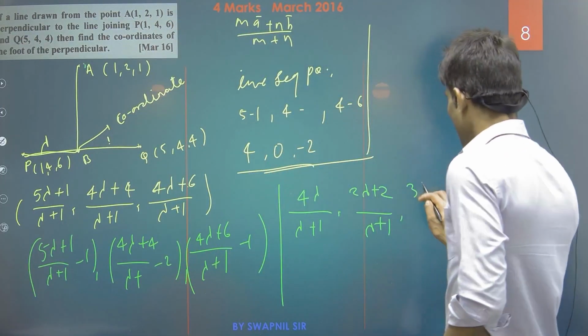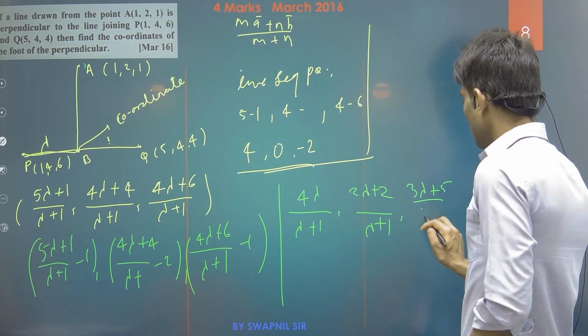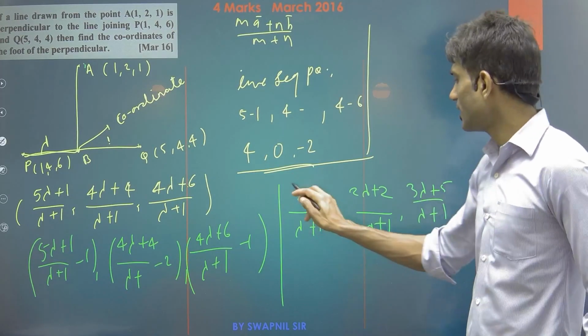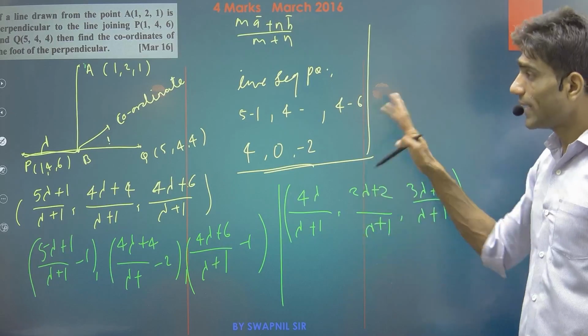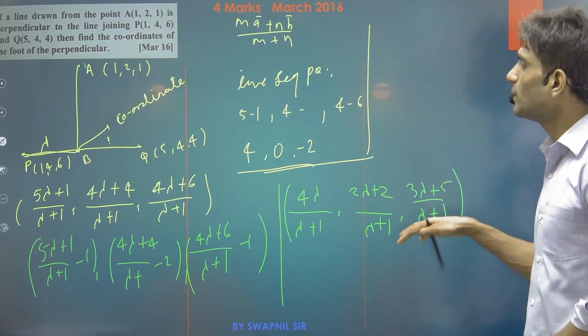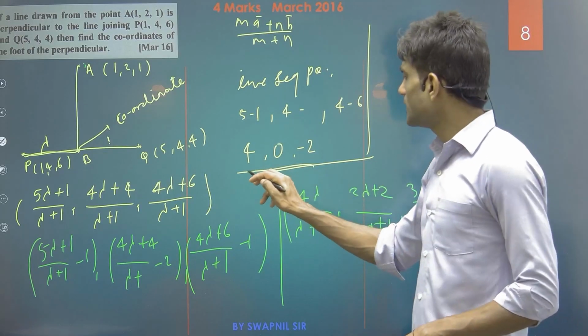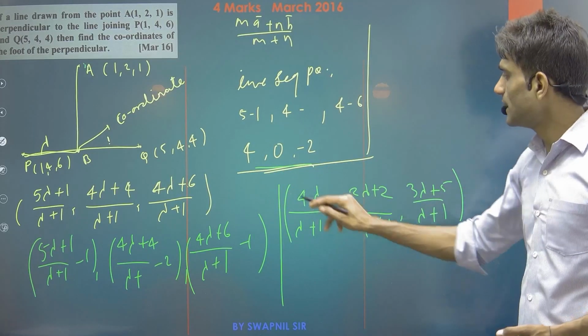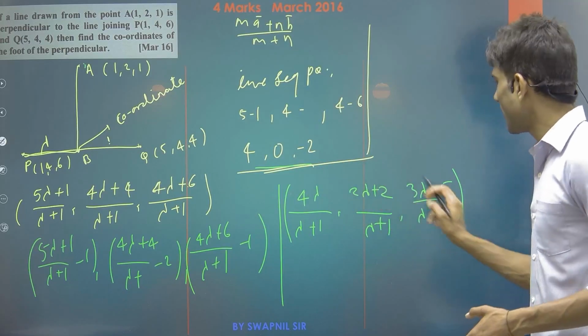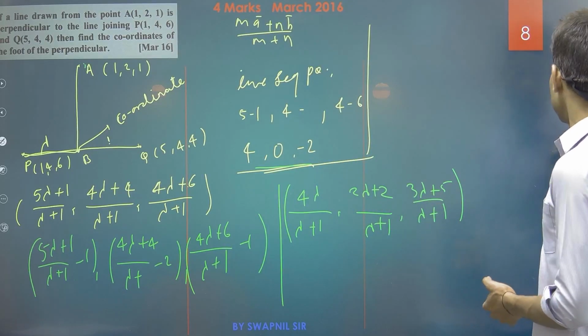So all these three values we have here. Now take the linear combination of these direction ratios with 4, 0, minus 2. This is multiplied by 4, this multiplied by 0, and minus 2 multiplied by this one. Okay, now let's move to the next step.